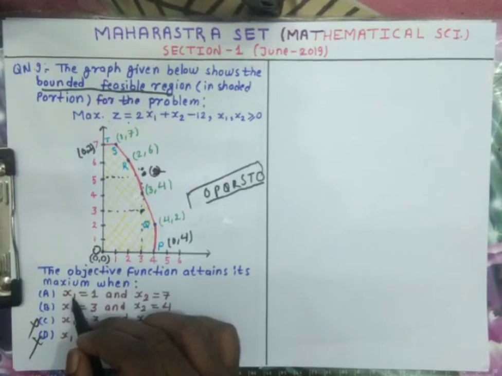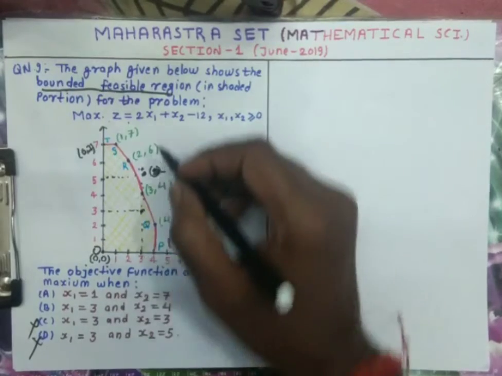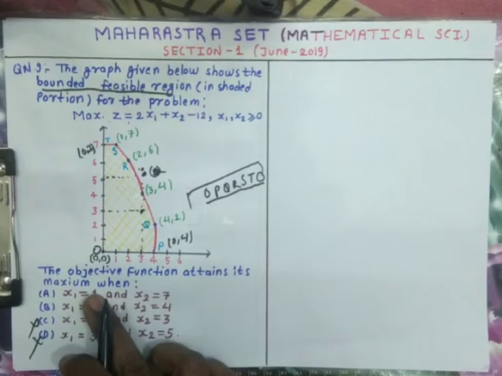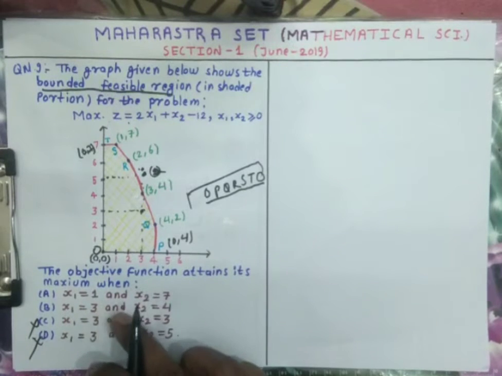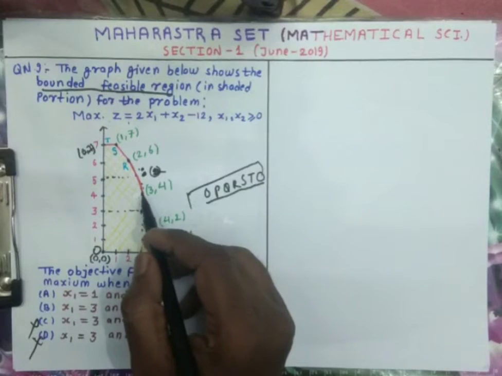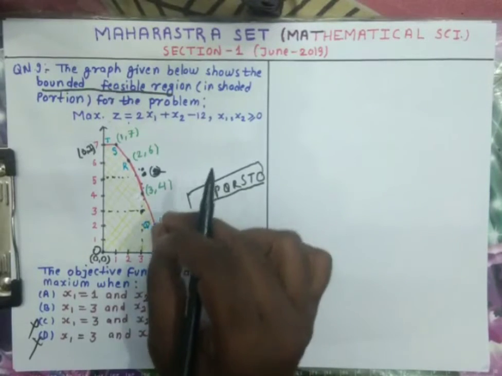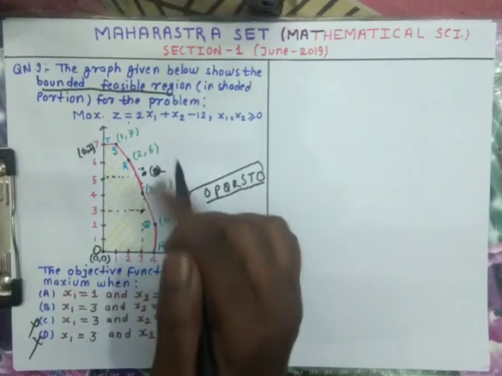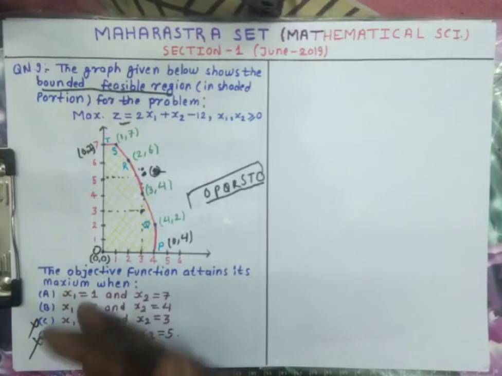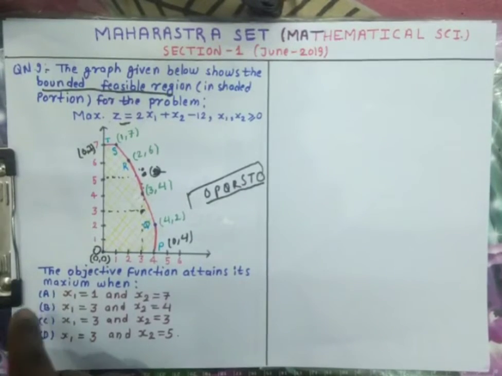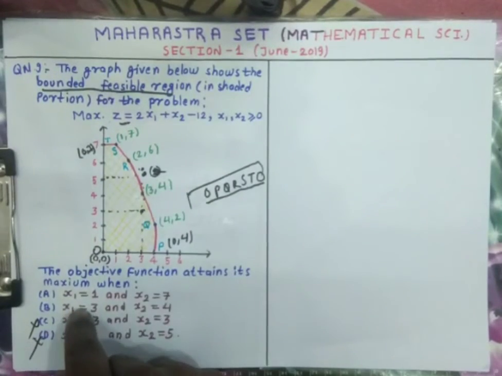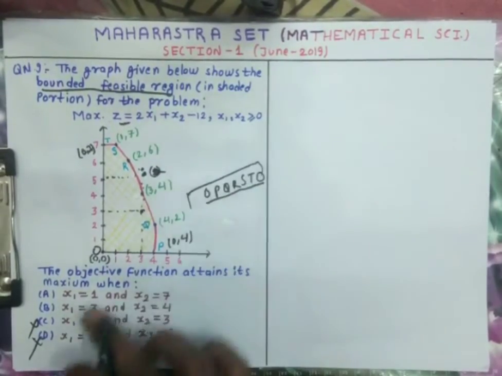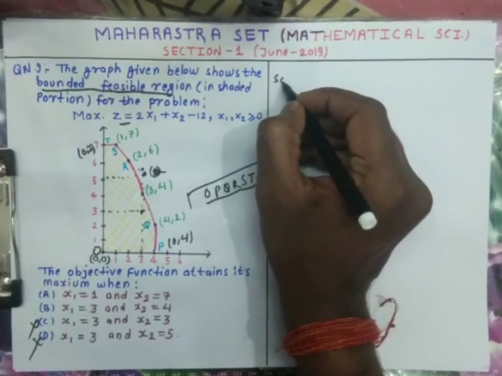Now from option A, x1 equals 1 and x2 equals 7, which is a corner point, so we can find the maximum value there. For option B, x1 equals 3 and x2 equals 4 also lies at the corner of two lines, so that point can also be considered. Now we have to decide between option A and option B. We only have to put these values into the given function.